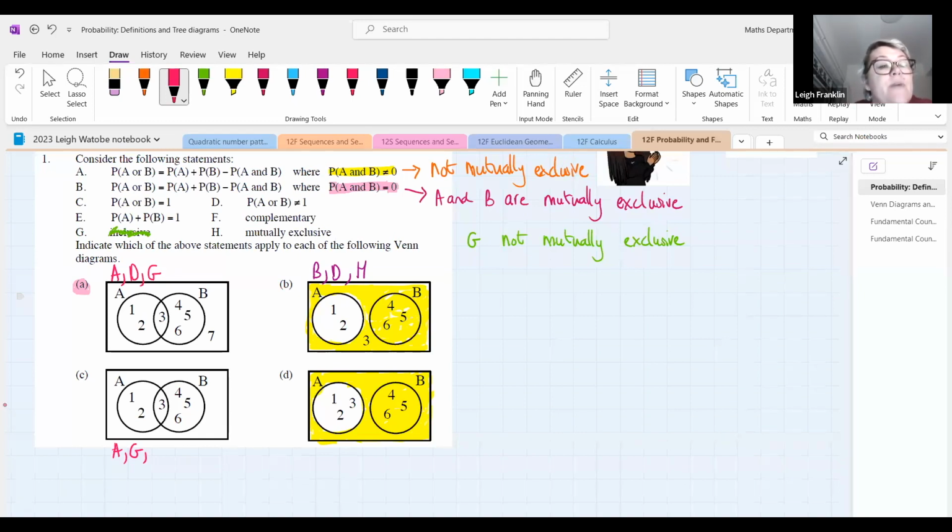The probability of A or B would be 1. So we could definitely say C for this one as well.